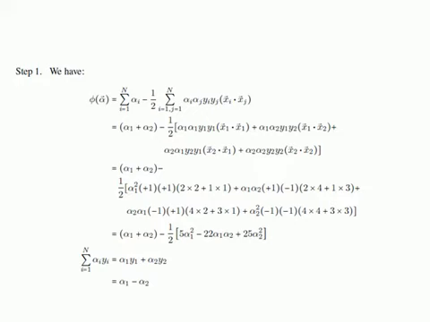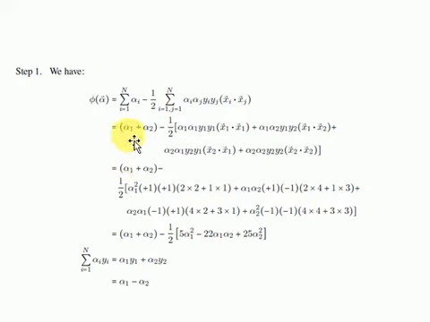Now we got to compute the factor phi of alpha using the previous equation. So that is sigma i equal to 1 to n alpha i. That makes it alpha 1 plus alpha 2 minus 1 by 2 alpha i alpha j yi yj xi dot xj. So while computing, the values alpha 1, alpha 2 are unknown to us, and we got to maximize the value of alpha.